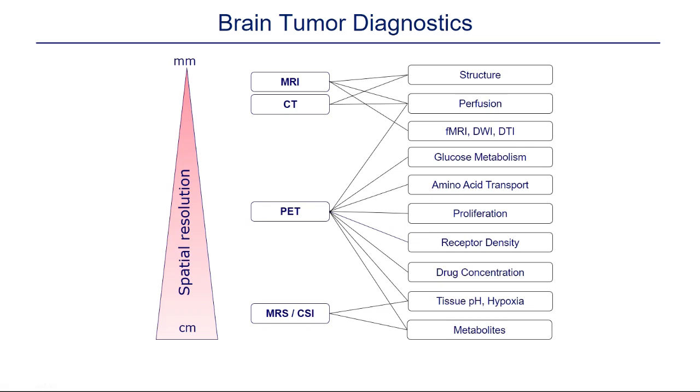Furthermore, magnetic resonance spectroscopic imaging or chemical shift imaging can provide additional information on physiological parameters and the concentration of different metabolites at a spatial resolution in the range of 1 centimeter. This webinar is focused on the role of amino acid PET in the diagnosis of brain tumors.